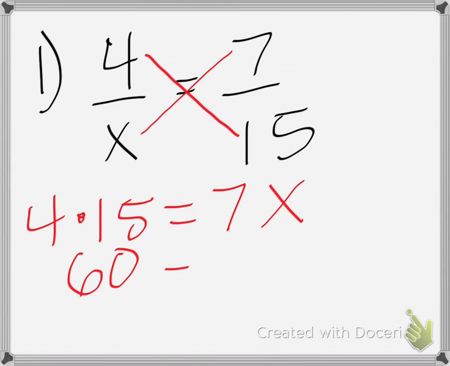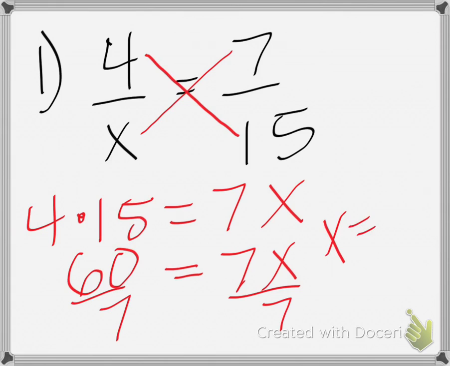We're going to get 60 equals 7x. Does 7 go into 60 evenly? Really nice? No. So you can already predict that our answer is going to have a decimal, and that's okay. When we are doing problems today, I want you to round to the nearest 100th. Round to the nearest 100th for our notes for today.